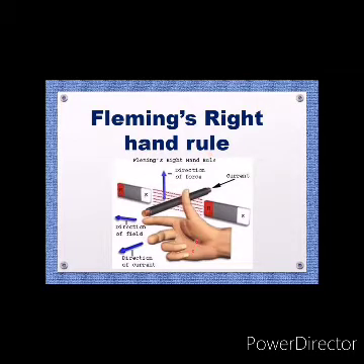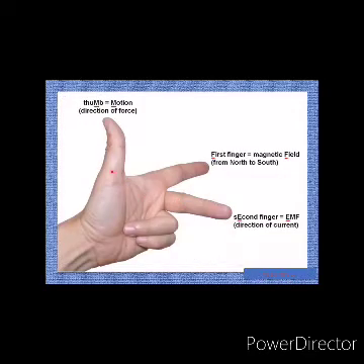Stretch out your right hand. See that the thumb shows the direction of the force, the forefinger shows the direction of the magnetic field, and the middle finger shows the direction of the current. Now we have the same picture of stretching out your right hand.